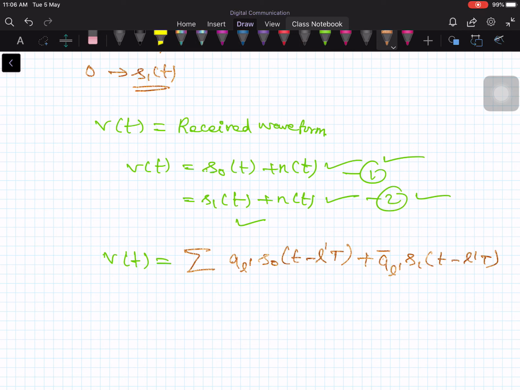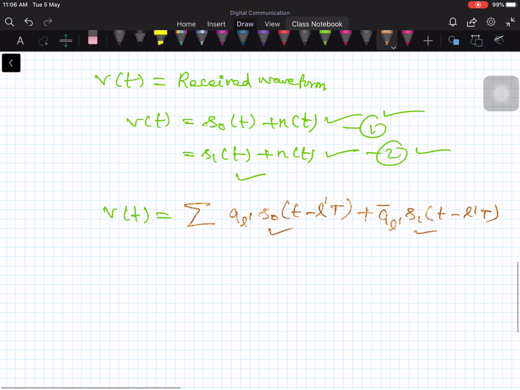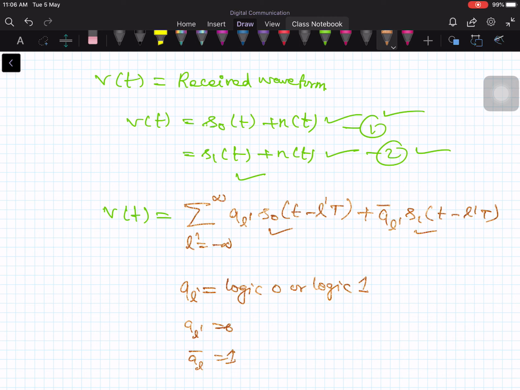You are either transmitting s0 of t or s1 of t, and here L prime goes from minus infinity to plus infinity, and AL can take logic 0 or logic 1. It is not taking plus 1 and minus 1. So if AL prime equals 0, then AL prime bar equals 1. On the other hand, if AL prime equals 1, then AL prime bar equals 0.